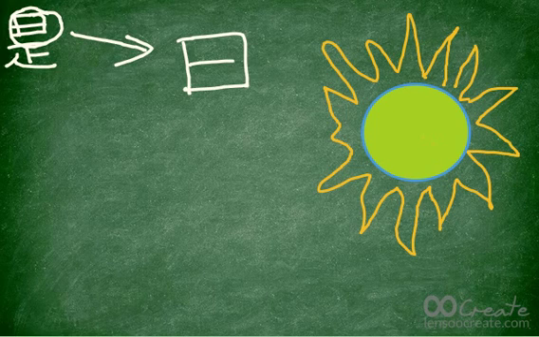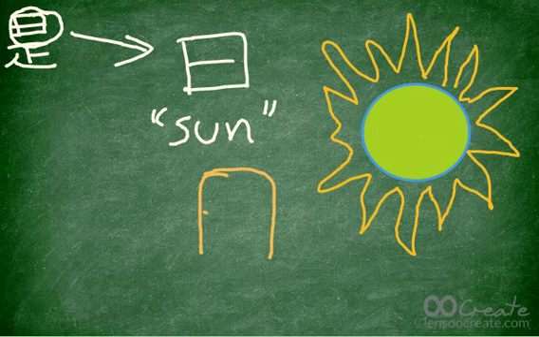So that character means sun. That's why I drew the picture of the sun. The primitive character of which sun derives from is pretty much the same thing. Nothing has changed.